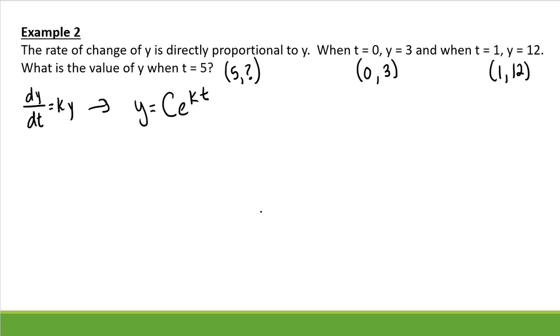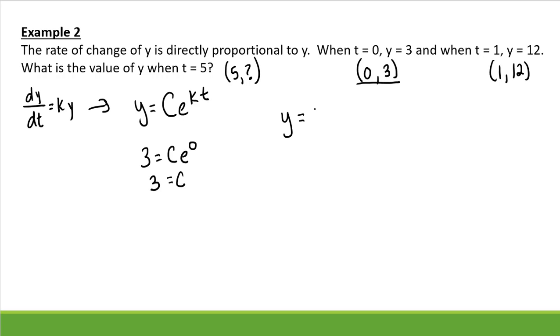So I have 3 equals c e to the 0 power, because if t equals 0, that gets me c equal to 3. So from here I have this equation, y equals 3 e to the kt.